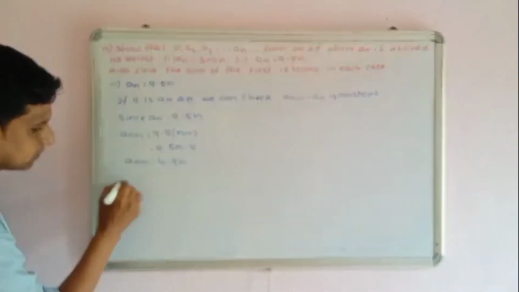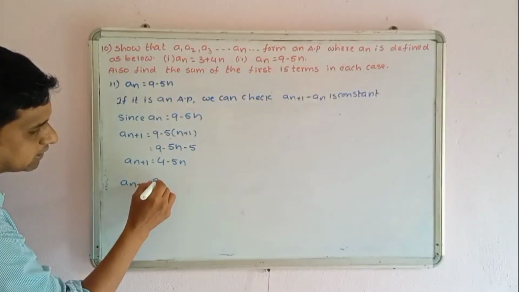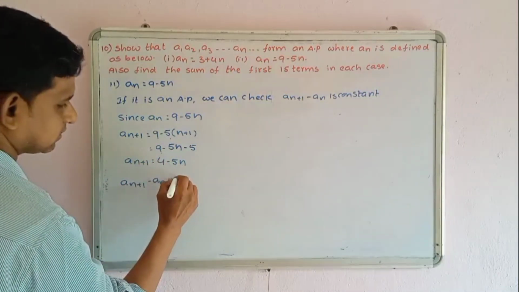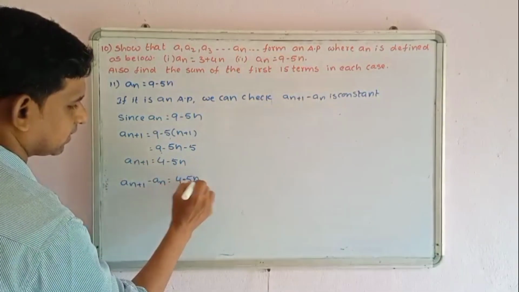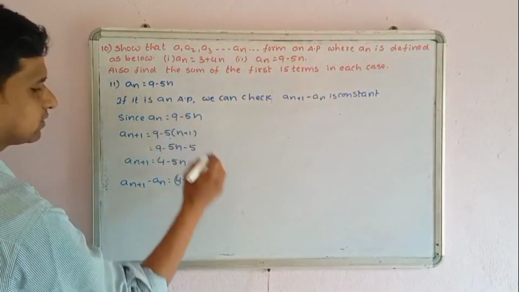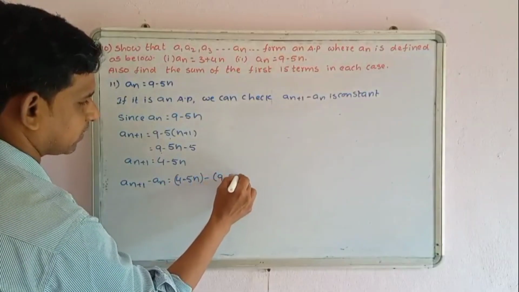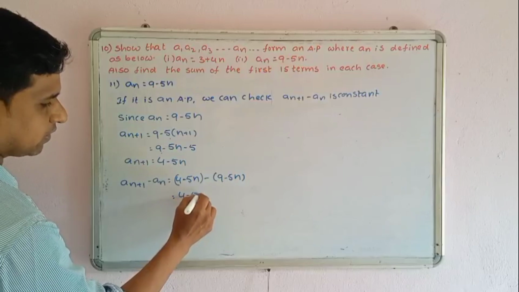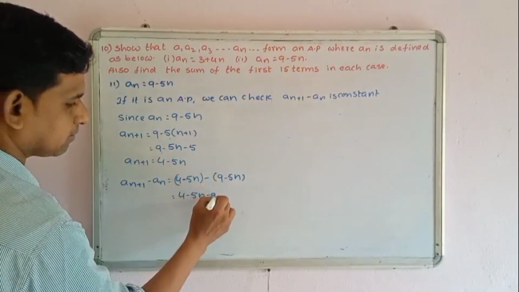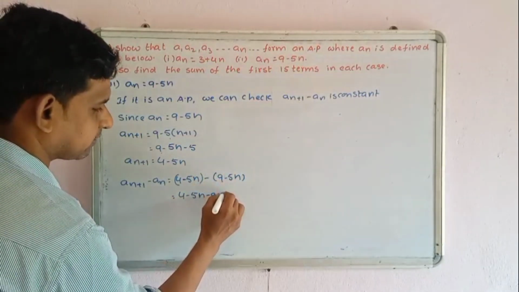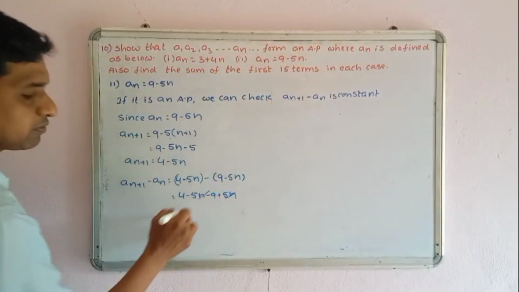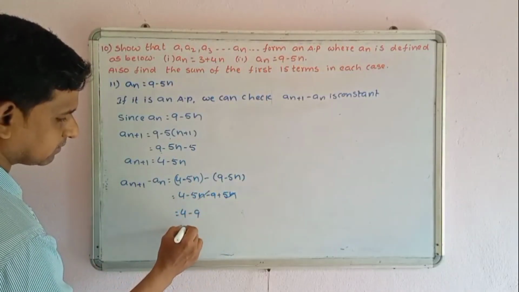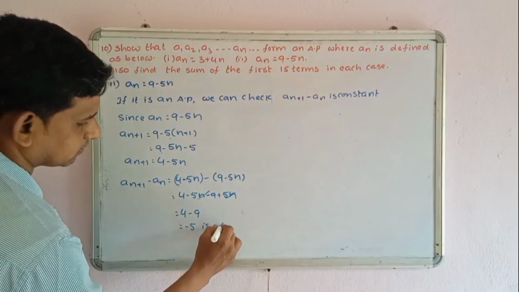Now an plus 1 minus an. So an plus 1 is 4 minus 5n minus an, which is 9 minus 5n. That equals 4 minus 5n minus 9, minus into minus is plus 5n. So 5n and 5n get cancelled. So 4 minus 9, that is minus 5, is a constant.